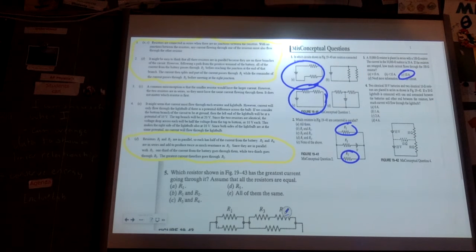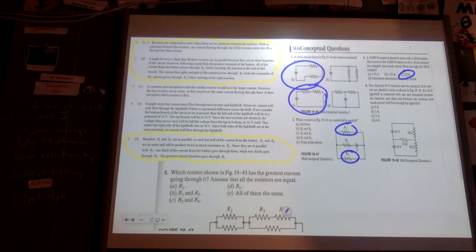Two identical 10-volt batteries and two identical 10-ohm resistors are placed in series, as shown in 1942. If a 10-ohm light bulb is connected between the batteries and the other end between the resistors, how much current will flow through the light bulb?